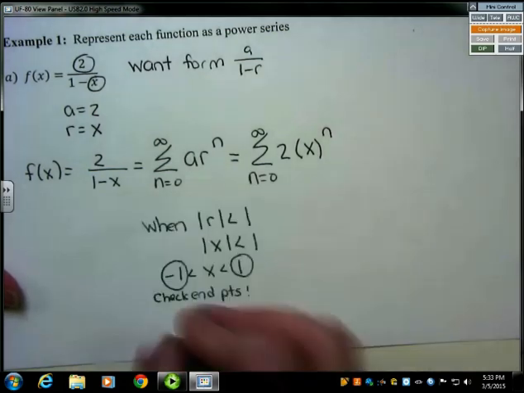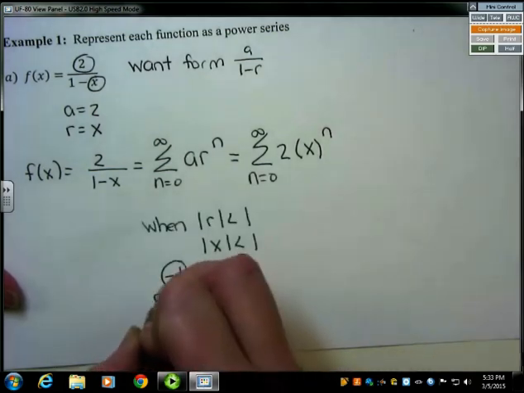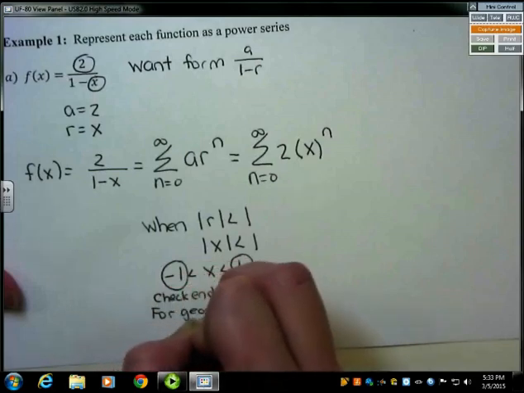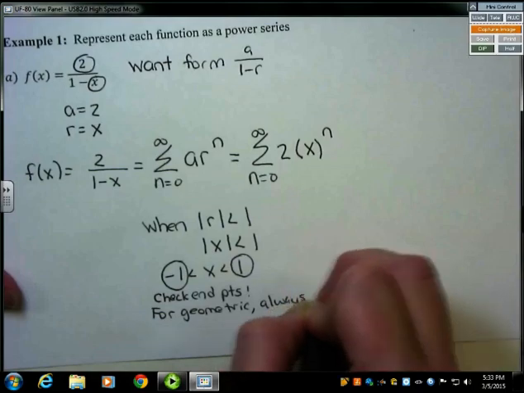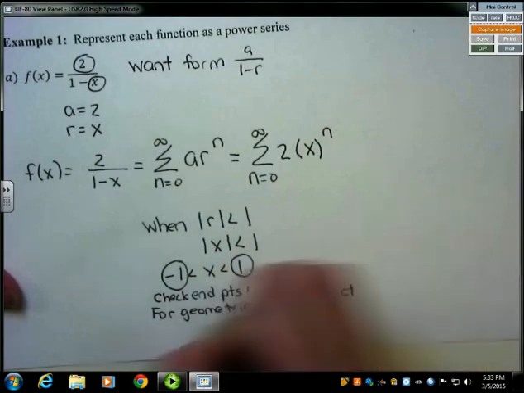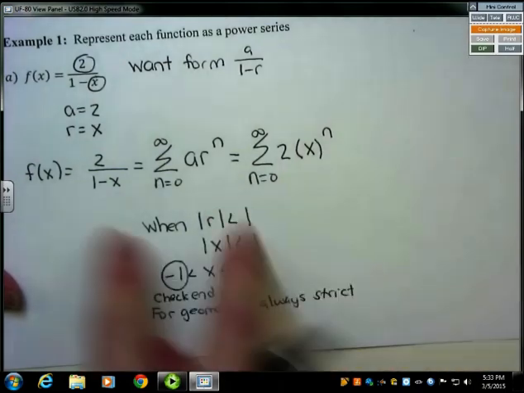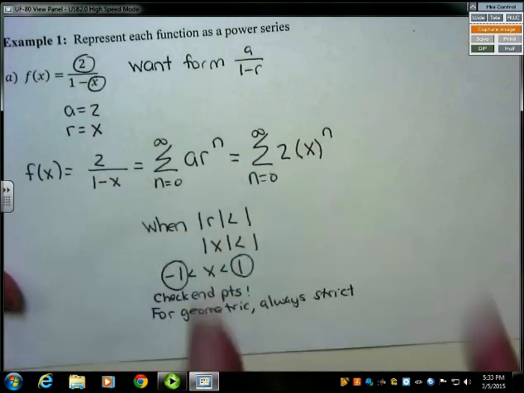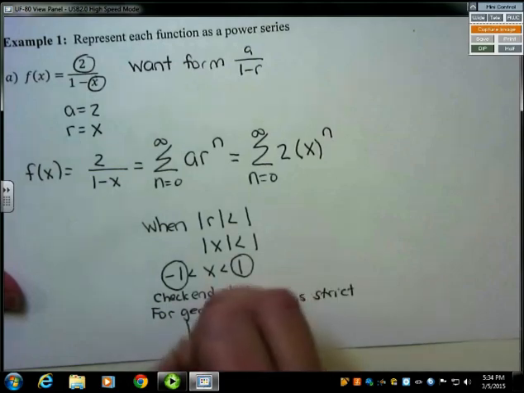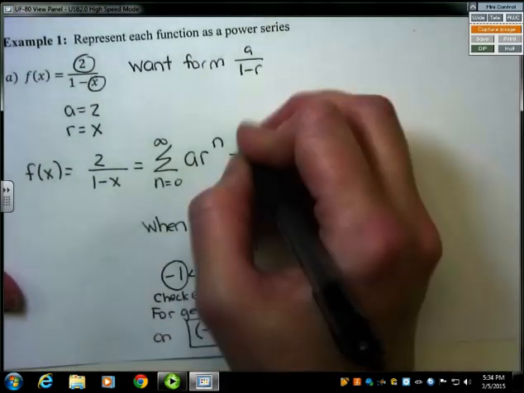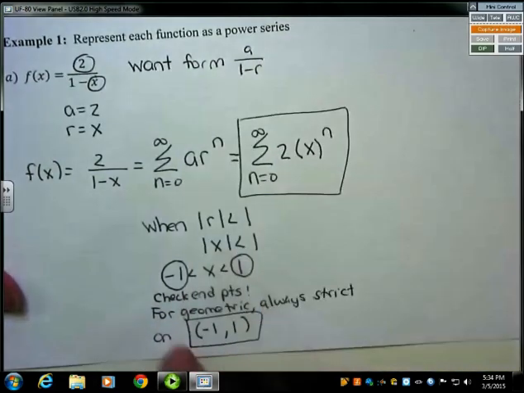So I'll go ahead and write it. So for geometric, always strict. Meaning the interval of convergence, or the interval for which this relationship is good, is negative 1 up to 1. So this is your power series, and it's for that interval negative 1 to 1.